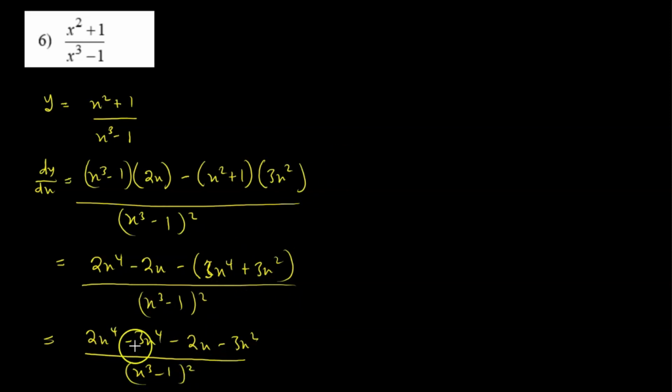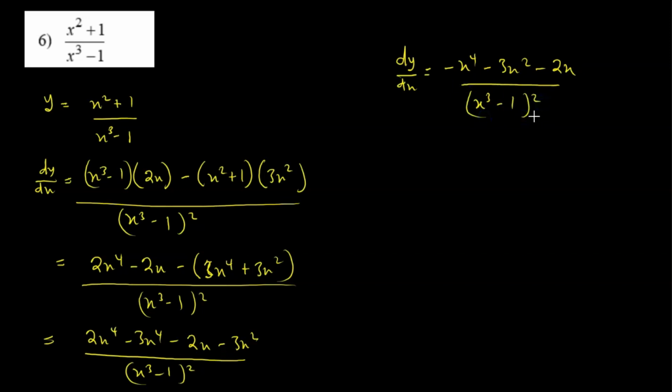Then finally we can simplify, and dy dx will be giving us an answer of negative x to the power 4 minus 3x squared minus 2x, all on x cubed minus 1 all squared. As I said, you can leave the answer as this, or you can factorize where necessary, and then that will be all. Okay, thanks so much.